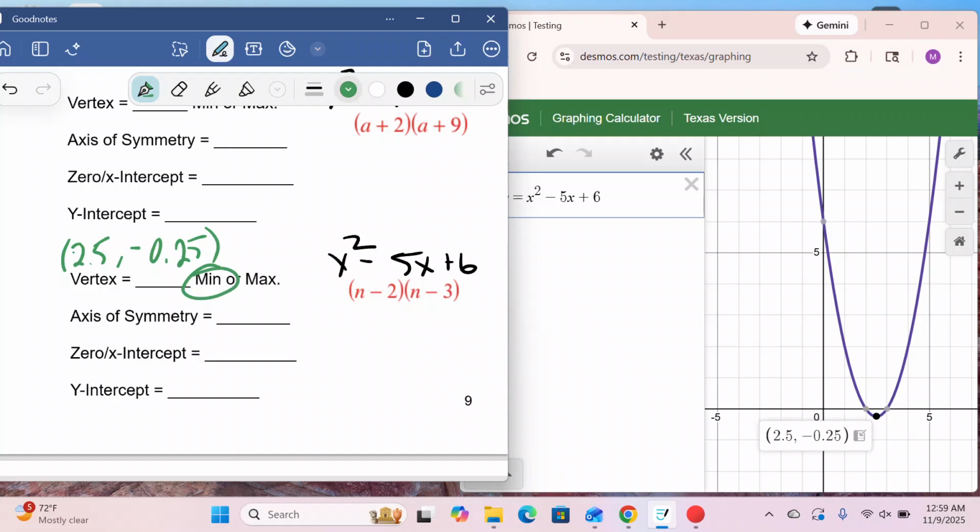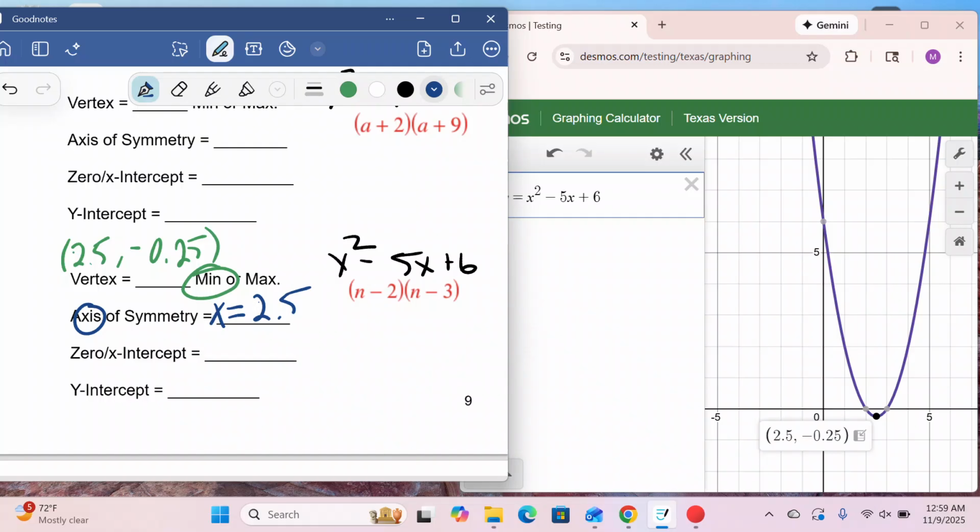We have an axis of symmetry. Once again, do not forget how we remember the axis of symmetry: the x value is equal to the x value of the vertex, which is 2.5. And this only works for a parabola that is U-shaped going upward, or U-shaped going downward, upside down, or N, if you remember it that way.